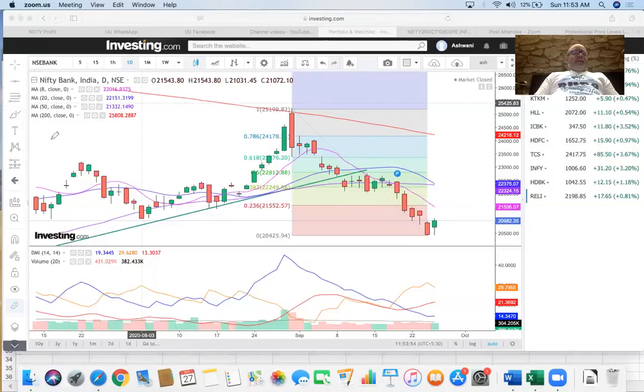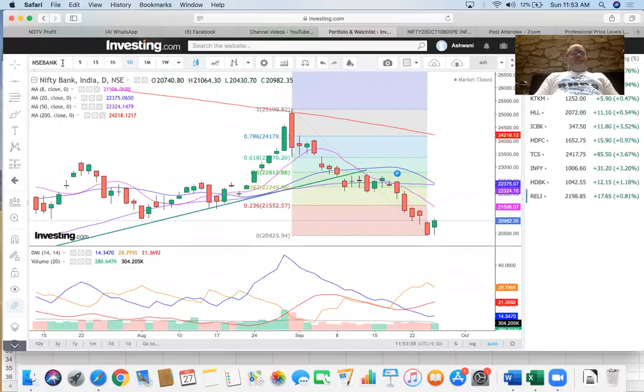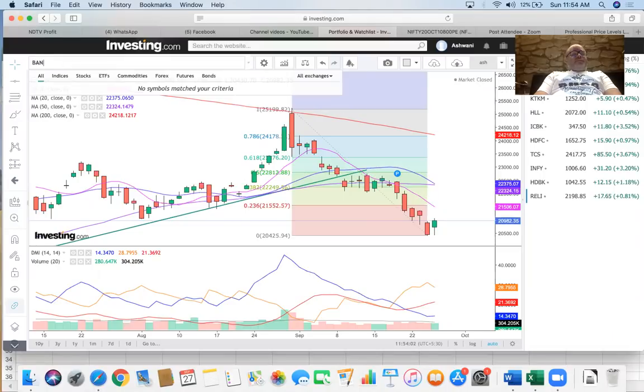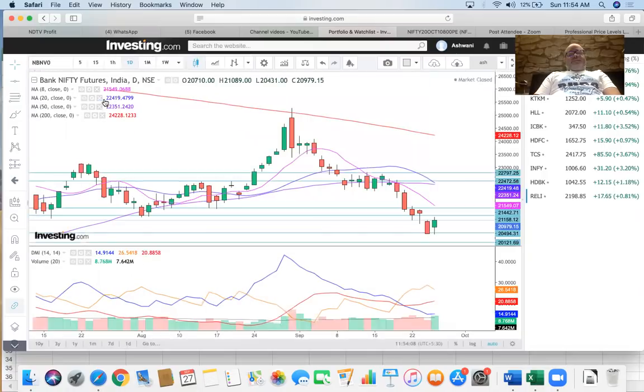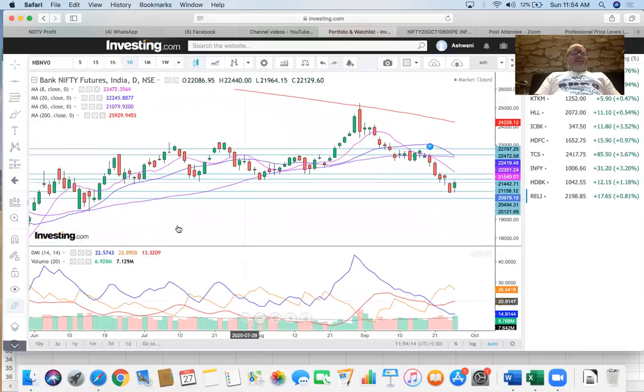Now let's have a look at the similar support resistance zone on Bank Nifty futures. Again, these are historic levels where the market has found resistance.